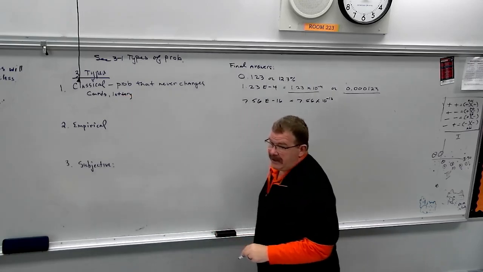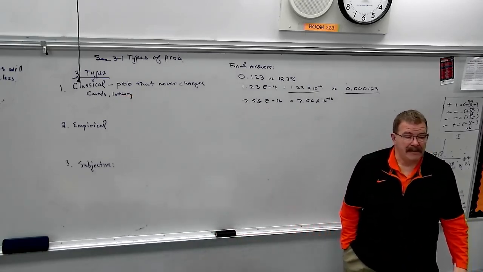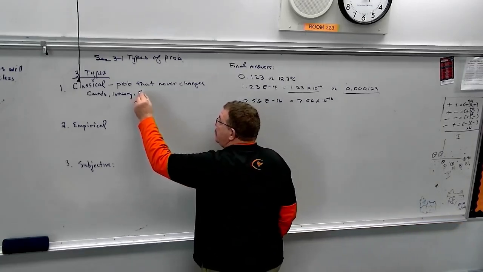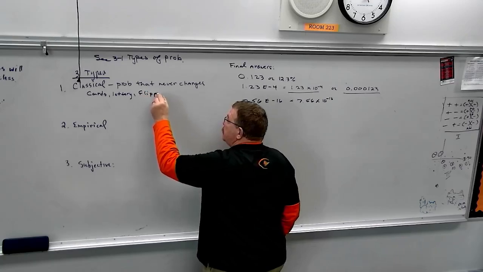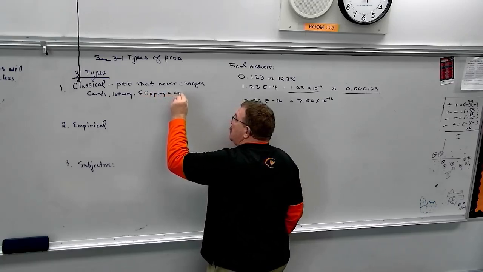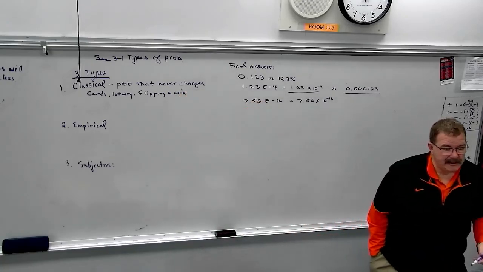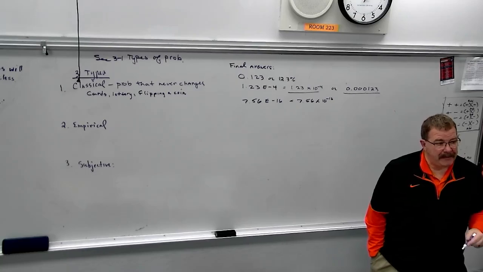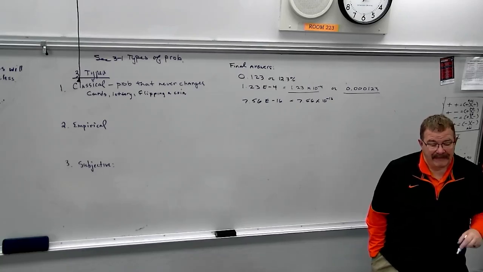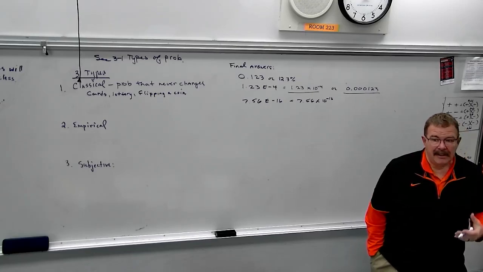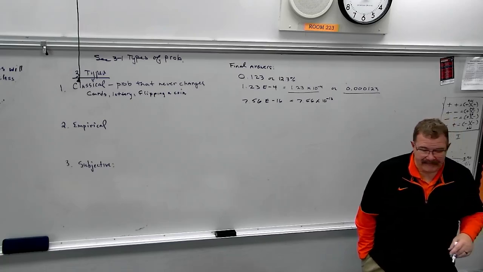When you buy a lottery ticket, your chance of winning is the same day after day after day. Flipping a coin. If I flip a coin today and get tails, my probability tomorrow of flipping the same coin is still 50%. It never changes. It's classical probability.